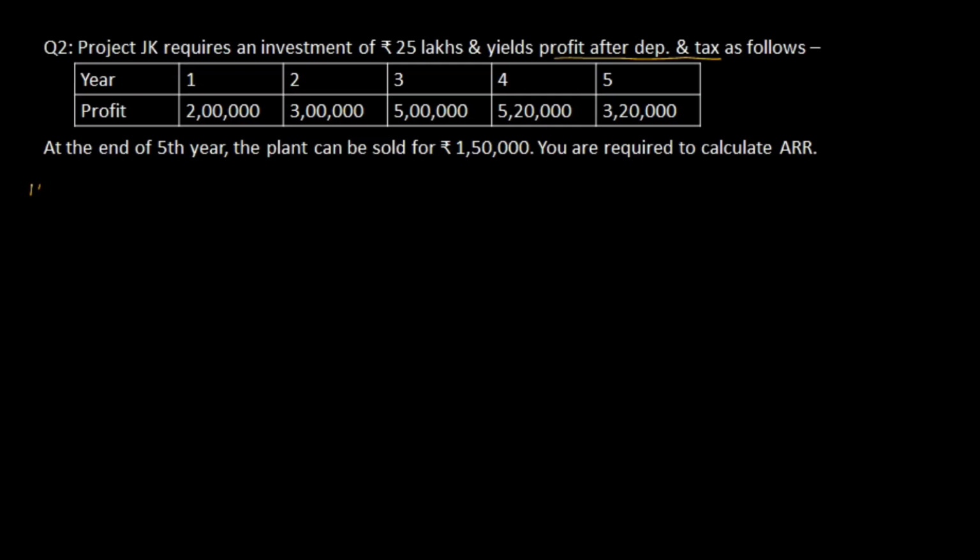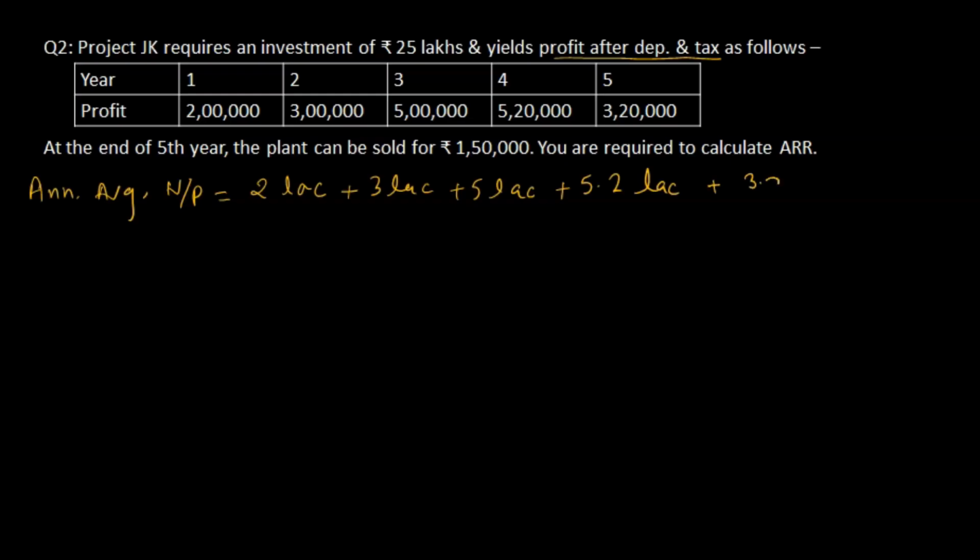Annual average net profit after depreciation and tax. So we need to find the average here. That means add all the profits and divide by how many years? There are 5 years. First year 2 lakh, second year 3 lakh, then 5 lakh, then 5 lakh 20,000, and then 3 lakh 20,000.